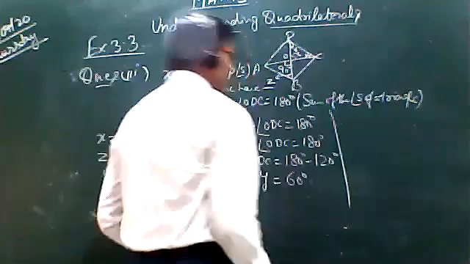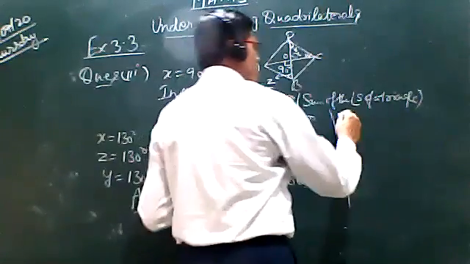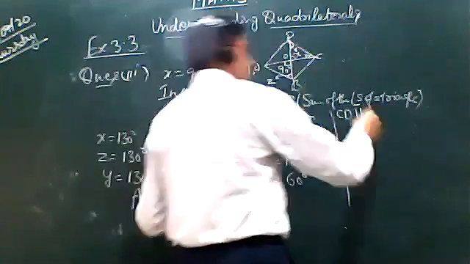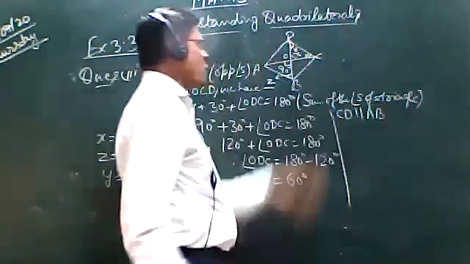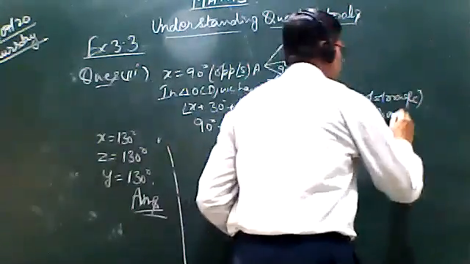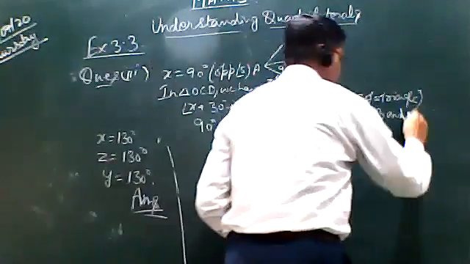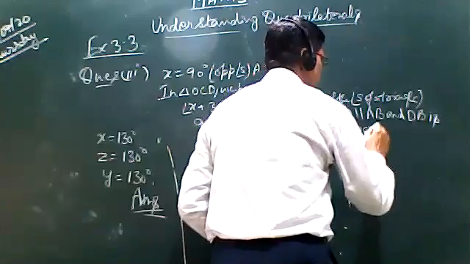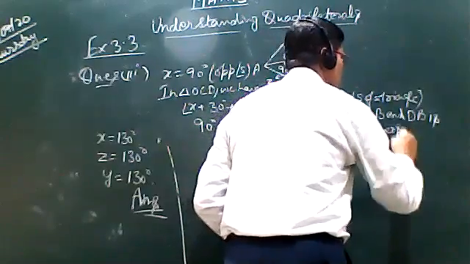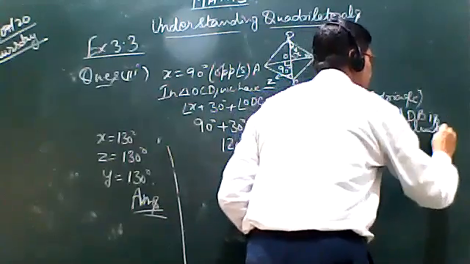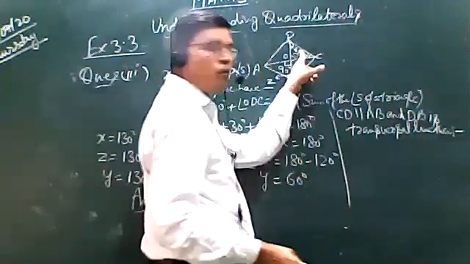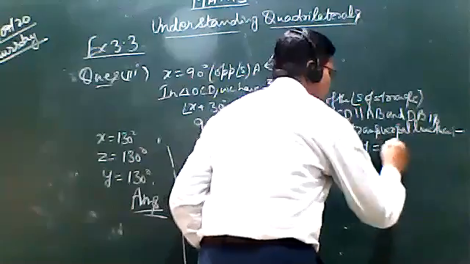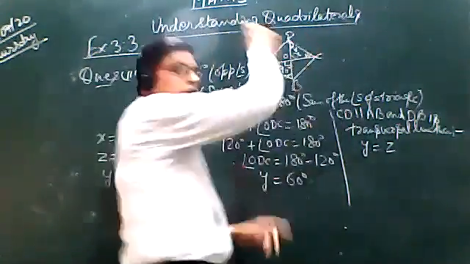Now we find here CD is parallel to AB, and DB is a transversal line, then angle Y is equal to angle Z. Angle Y is equal to angle Z because they are alternate angle.